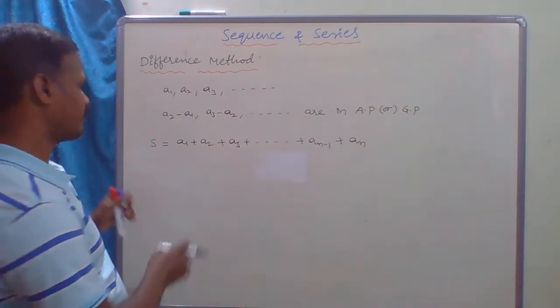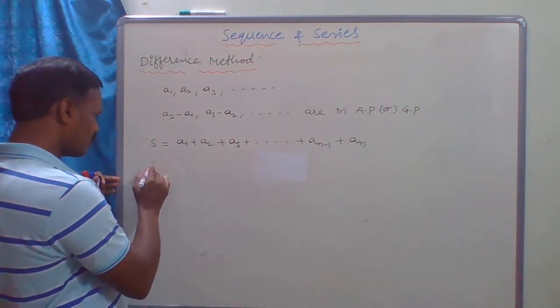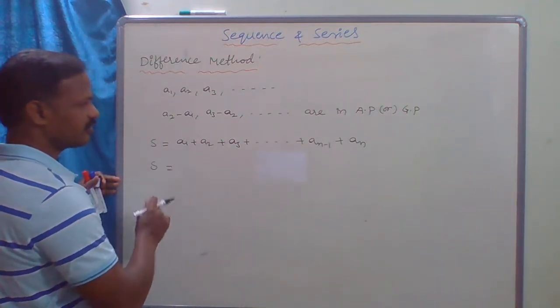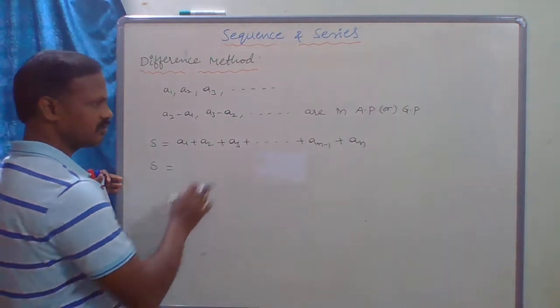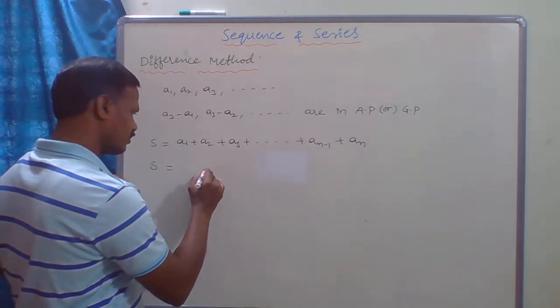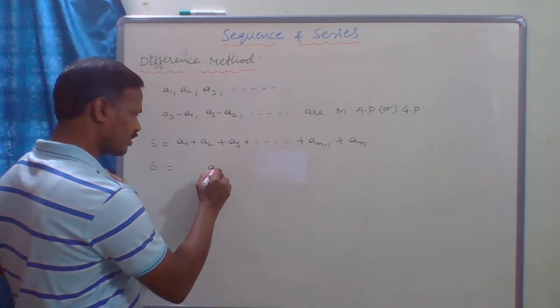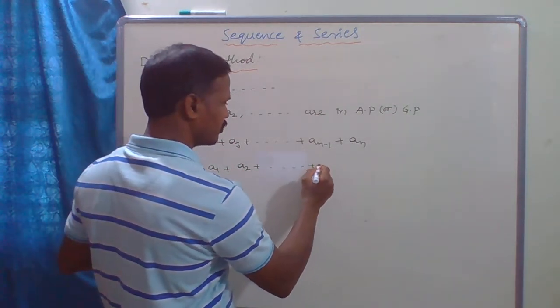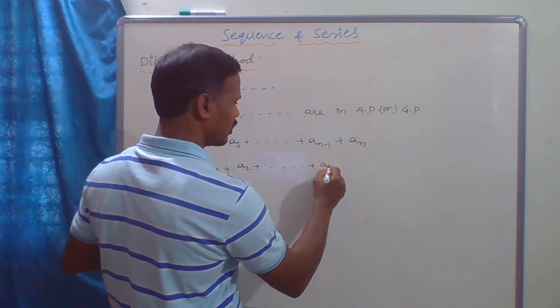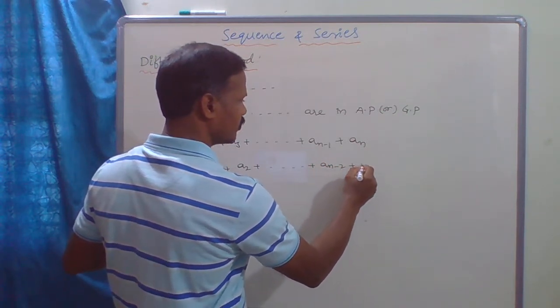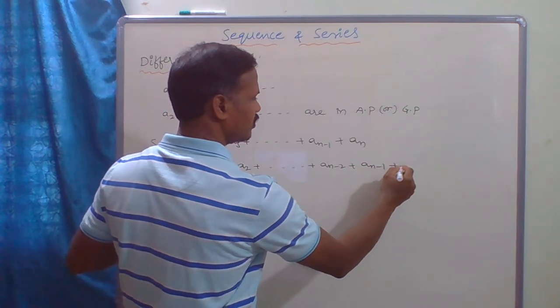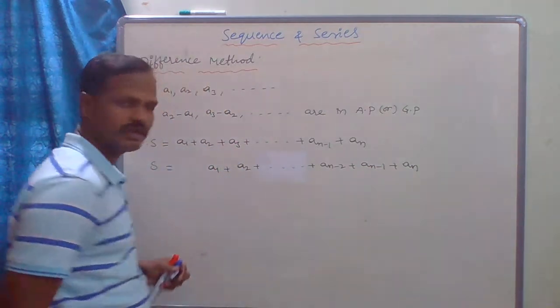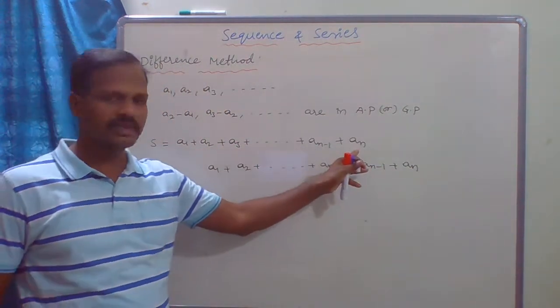Now I will modify this sequence: I will write A1 here, A2 here, and so on, A n minus 2 plus A n minus 1 plus A n. Here, A n is the nth term.